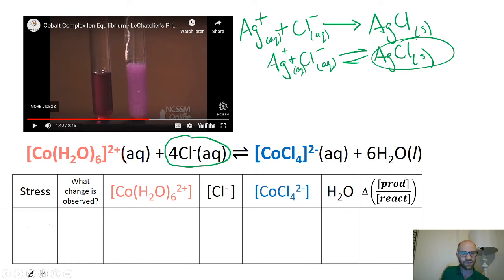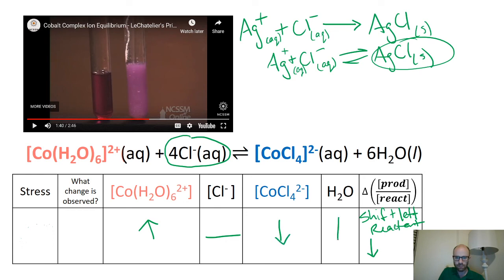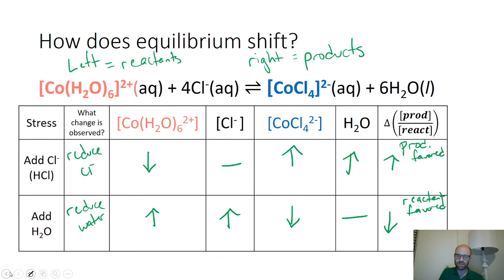He said the reaction turned pink. That means we know what happened to the shift. We know that the shift here is going to be a shift left, toward reactants. The change in the ratio will be down, which means we can kind of fill in everything. Now, since the silver interacts with the chloride, we're not going to worry about that. But if it's a shift left, that's the same reactant-favored shift we saw on the previous slide.